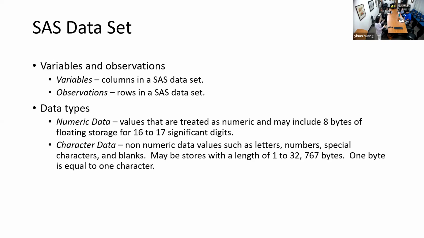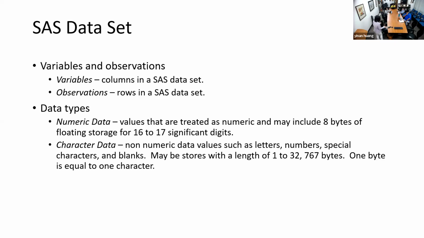So before that, I want to mention character data is composed of letters, numbers, special characters, and blanks. And then numeric data is just numbers. Let me give an example first. Numeric data can be one's age, right? It can be one's BMI, right? It's a numeric value.